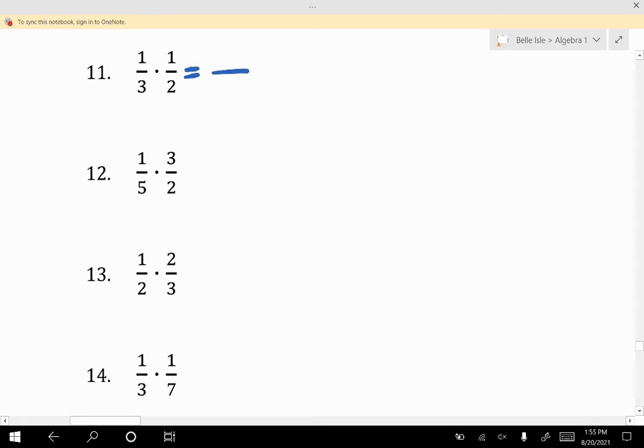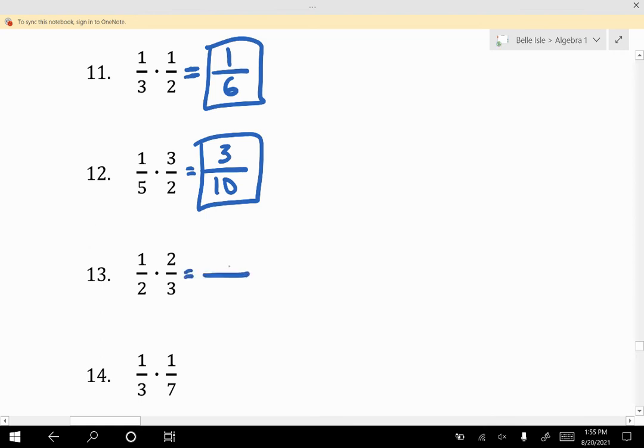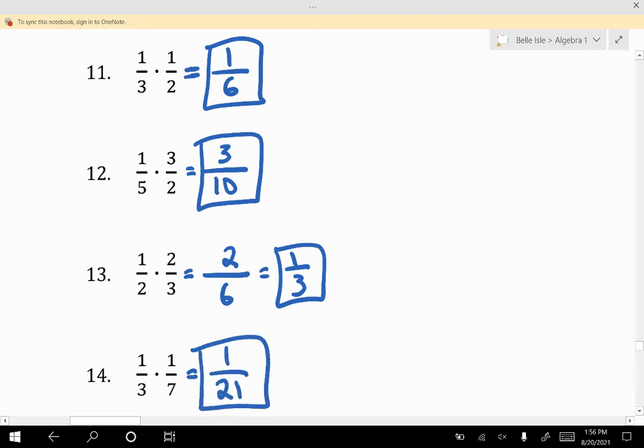If you can. Should you simplify it? Someone on the first day said, if the numerator is 1, we can't simplify, right? Correct.